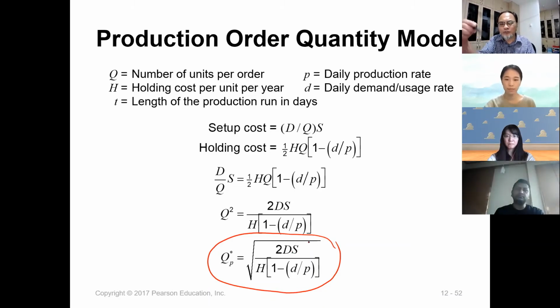That's why they use setup. When you buy things, it's order, but in production, it is setup cost. You imagine you need to set up the machine. If you want to photocopy, for example, 100 pieces of one item, do you need to set up the photocopy machine? Is there a setup time? Obviously, there is a setup time.